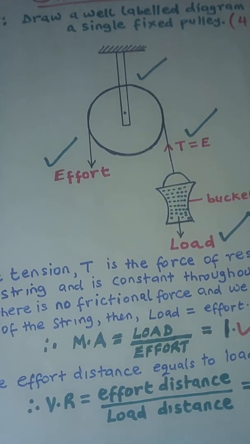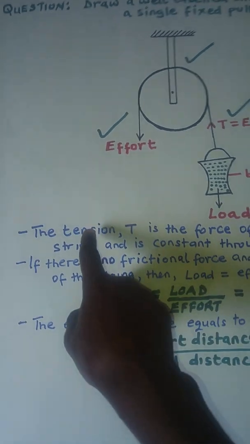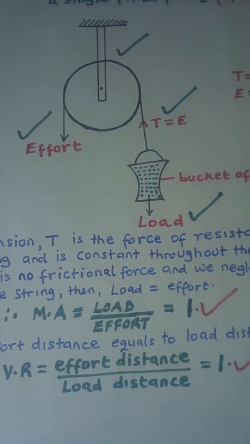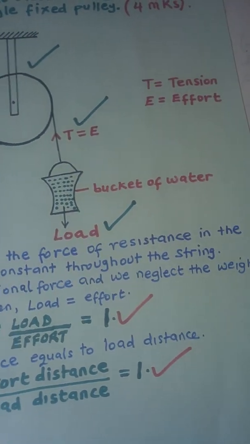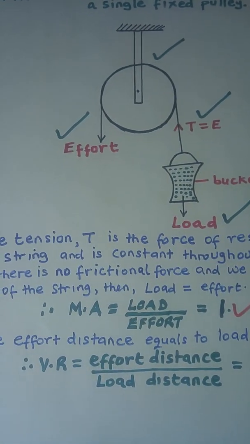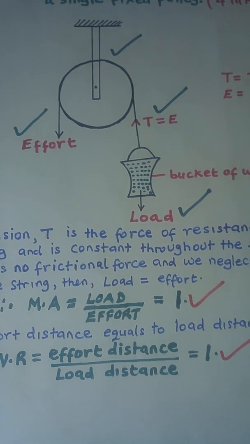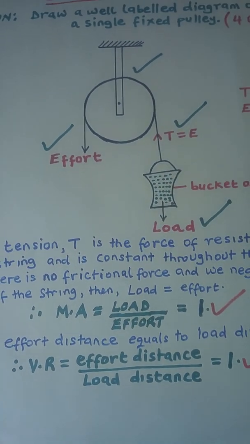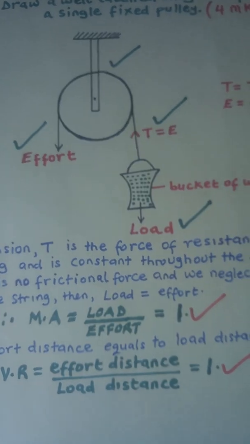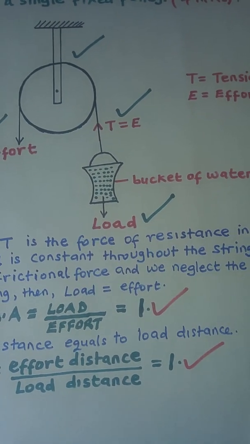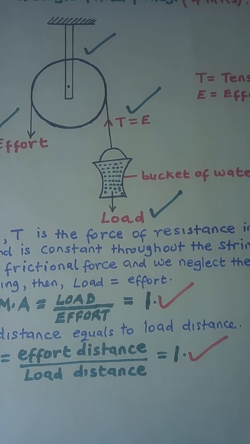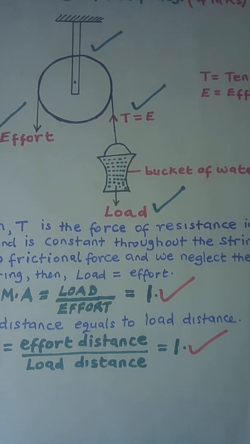As I've just said, the tension, which we are representing with the letter T, is the force of resistance in the string. Why do we say it is a force of resistance? Because as the load is pulling down, the tension is pulling up in the opposite direction. Resistance comes from the word resist, to oppose. When you are opposing something, it means when we are moving towards the east, you are moving in the opposite direction.